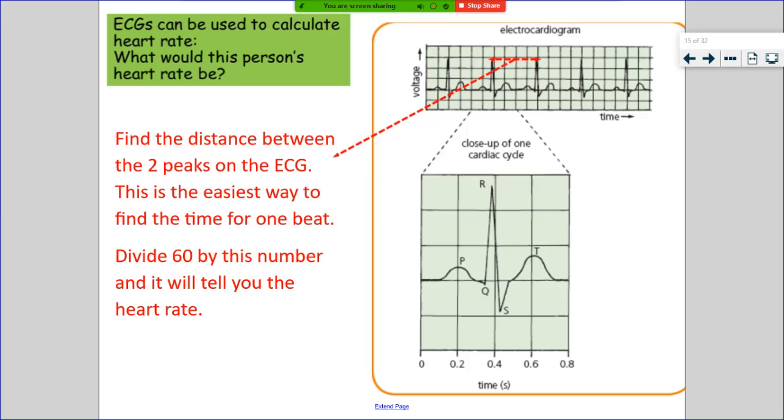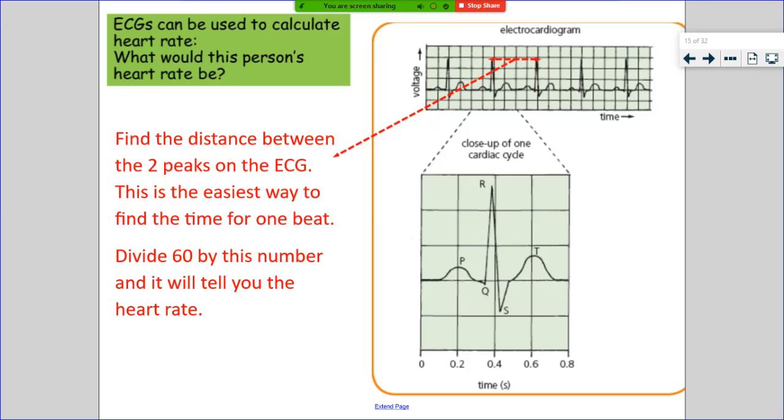To me, the easiest points to measure are between ventricular systole in that particular cycle and ventricular systole in the next cycle. If you measure that, that's 0.2, 0.4, 0.6, 0.8. So you can calculate how long one cardiac cycle is in seconds.